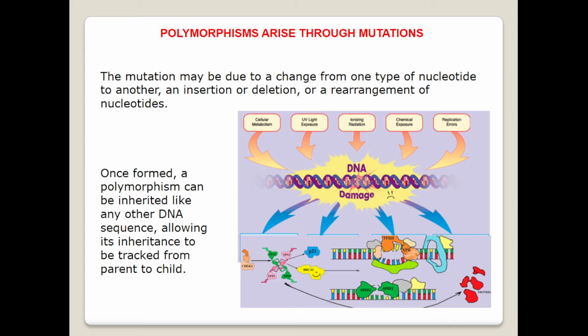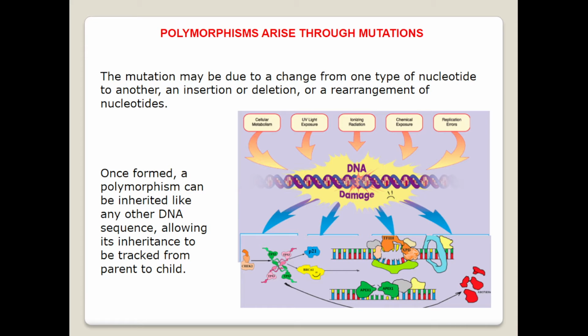Polymorphism and mutation. It is a process, it is one way. Mutation may be due to a change from one type of nucleotide to another, an insertion or a deletion, or a rearrangement of nucleotides. You can see here in these pictures many reasons which can lead to mutation.